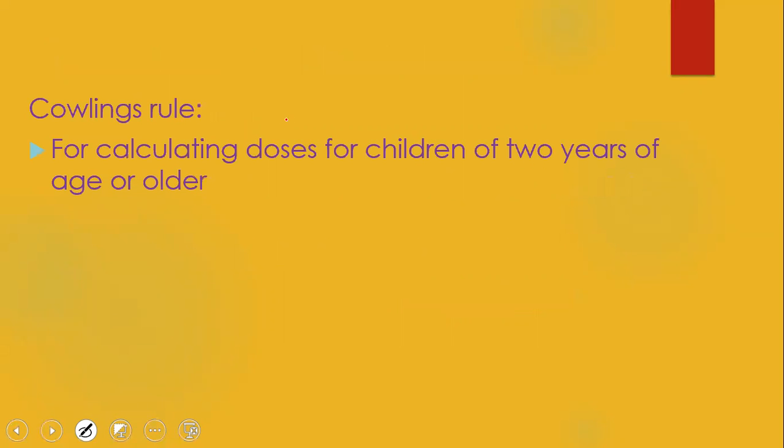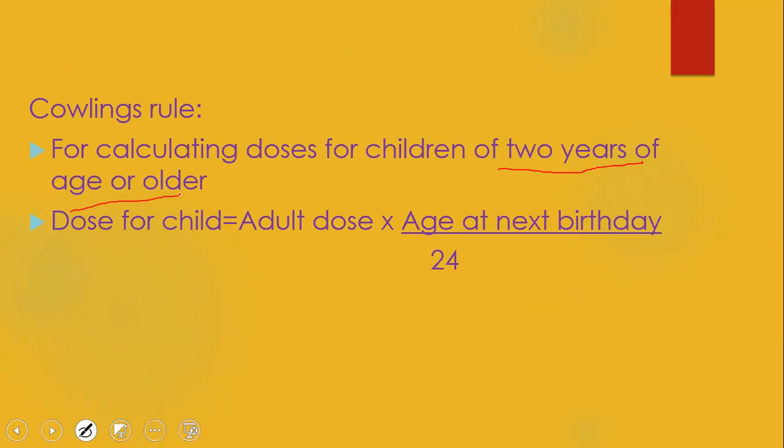Next is Cowling's rule. This is used for calculating dose for children of 2 years of age or older. The dose for child is equal to adult dose into age at next birthday divided by 24.